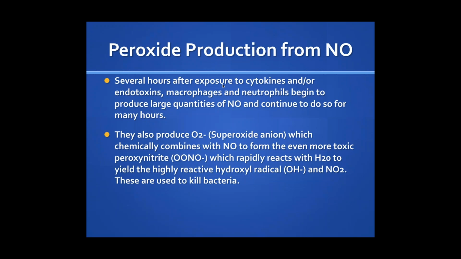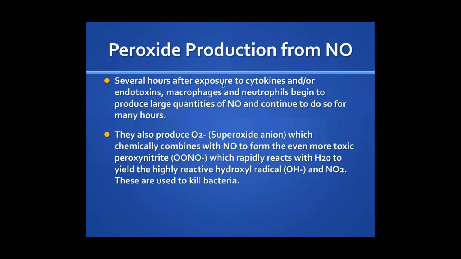So here's the bad news, the peroxide production from nitric oxide. What happens is several hours after exposure to cytokines or endotoxins, macrophages or white blood cells and neutrophils begin to produce large quantities of nitric oxide, and they continue to do so for many hours. They're just pelting these infections with, that's our ammunition to kill off the bad guys.